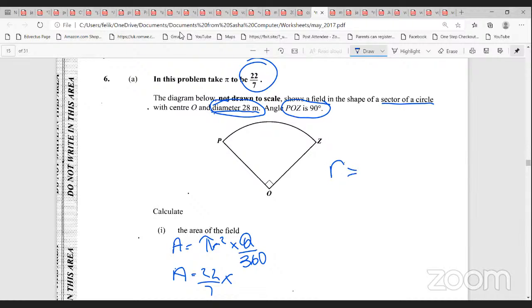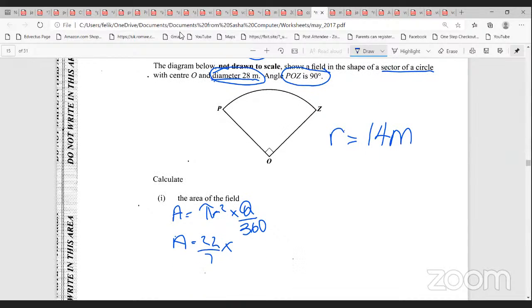The diameter is 28 meters. 14, Miss. What is the radius? It is 14. All right, so that's 14 meters. So it's 22 over 7 times 14. It says 14 square, so it's 14 times 14.